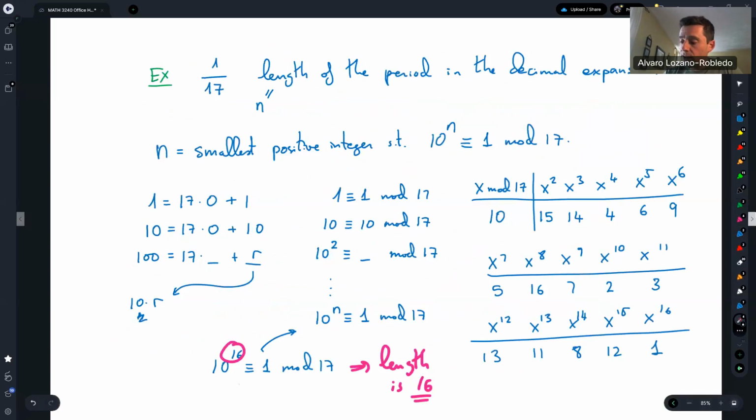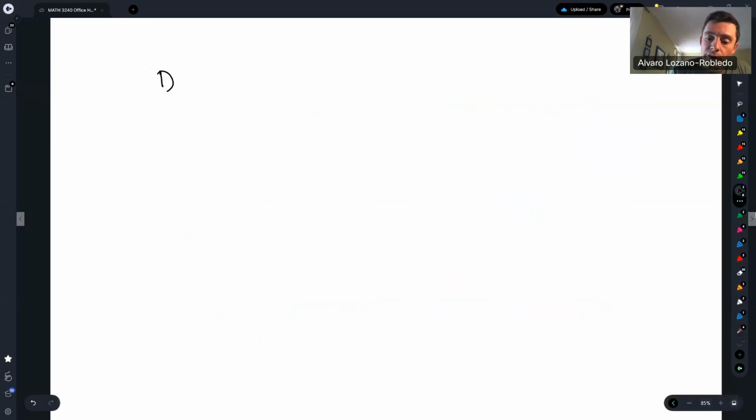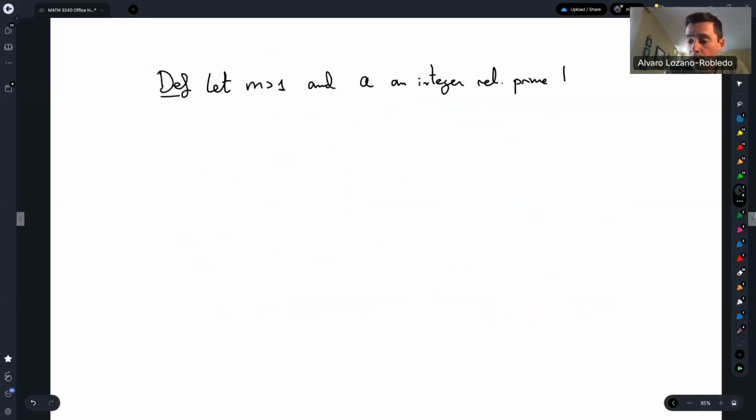So that is precisely what we're going to call the order of a number. Let m be bigger than 1 and a another integer that is relatively prime to m.